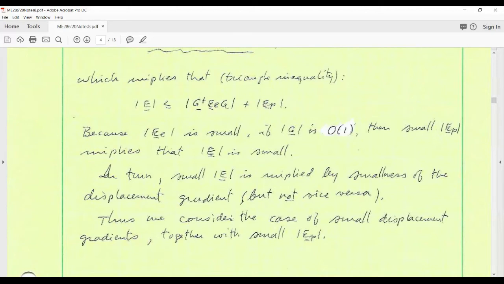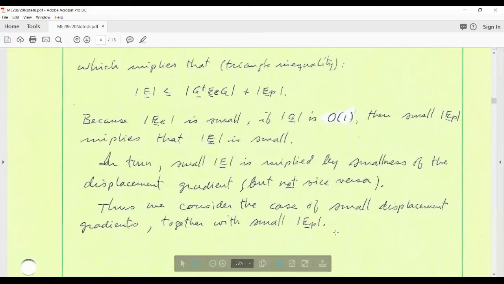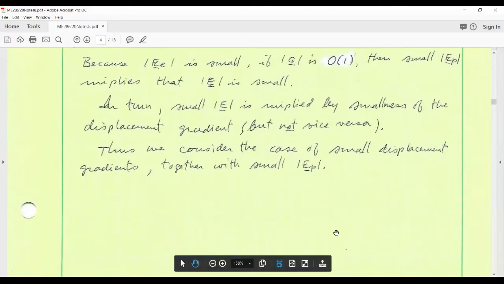So we'll consider in our further development here the case of small displacement gradients together with small plastic strain. By the way, in this regime, we're going to get an approximate theory valid under these circumstances. That approximate theory is the cornerstone of virtually all solutions that are known in the theory of elastic plastic solids.